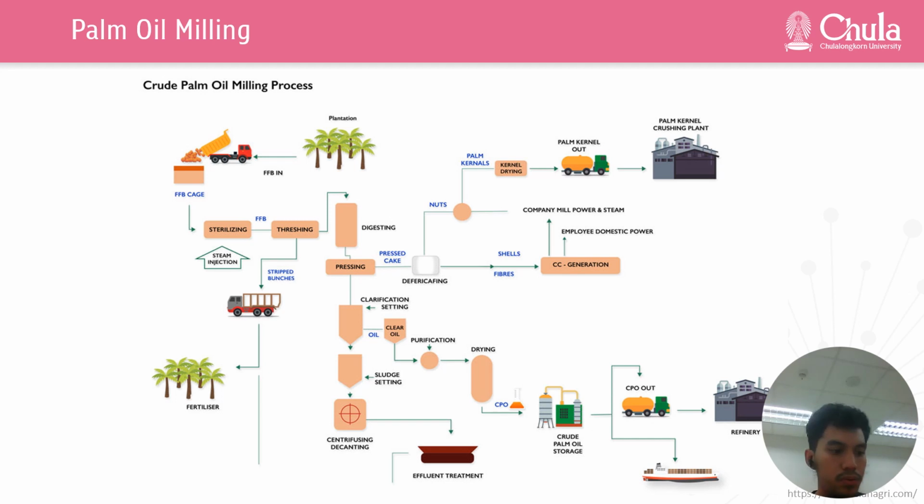There is also a probability that one palm oil mill has different supplies of the raw fresh fruit bunch.